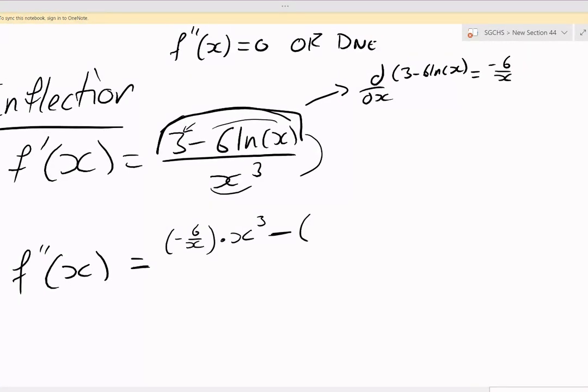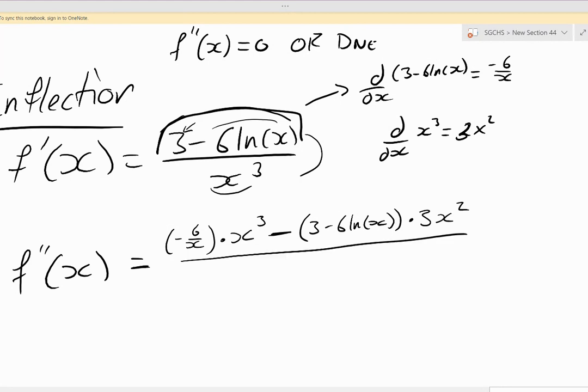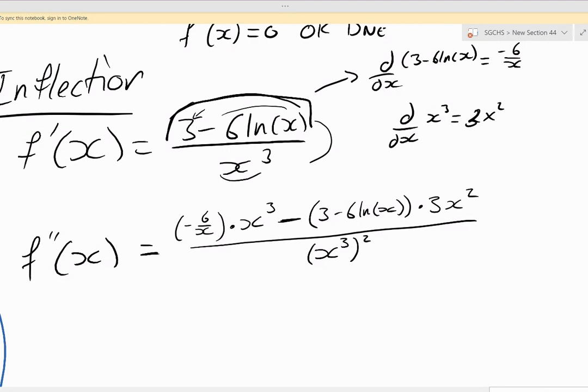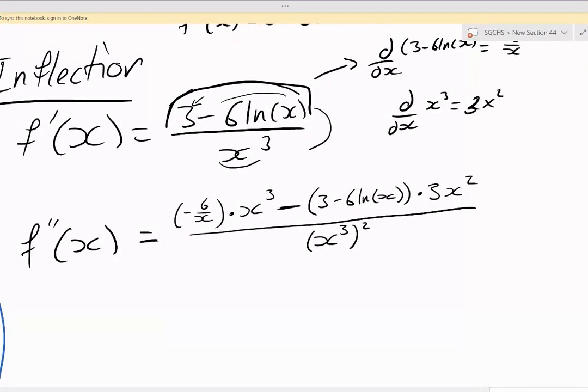My numerator will be written down, multiplied by the denominator's derivative, which is 3x squared, all over the denominator squared.